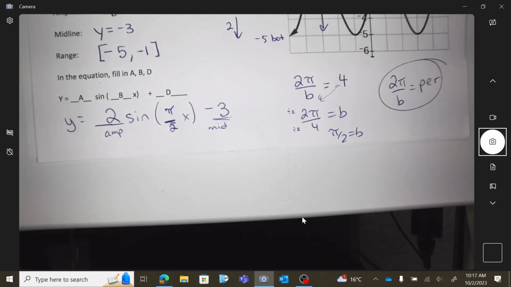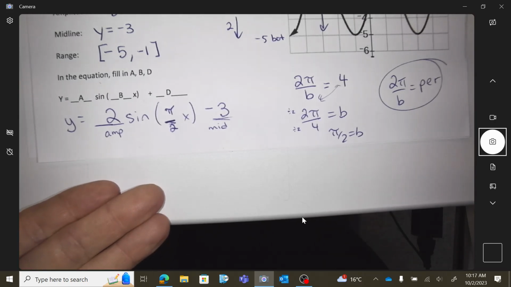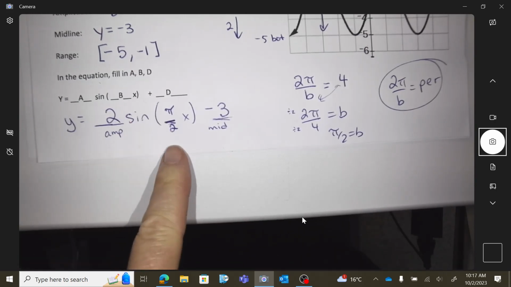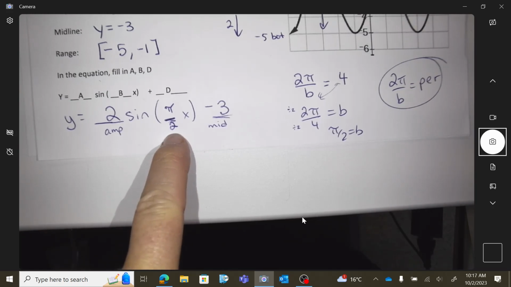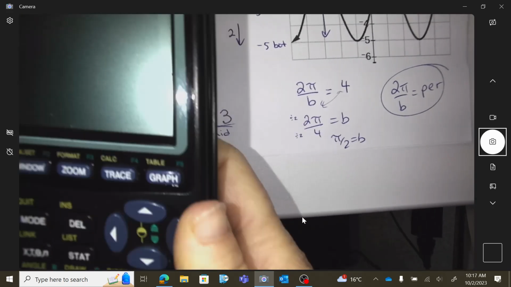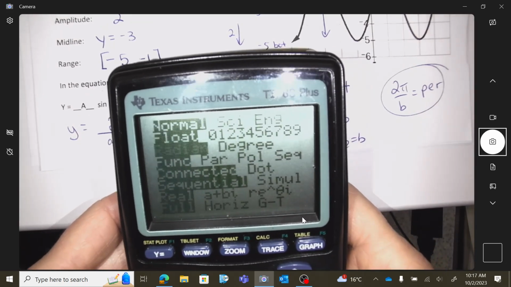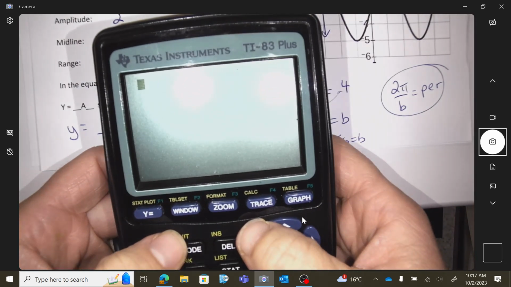Before I graph it, looking at that, what kind of mode would you think they're working with? Are they working with radians when they give you this, or are they working with degrees? I'm going to pick radians because of that. So mode, I'm still in radian. I think that you probably will be because that was what we did last on Friday.